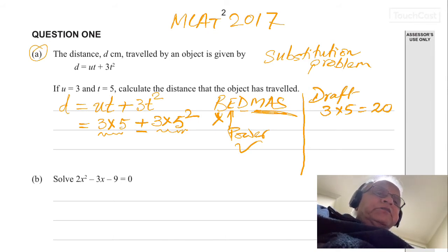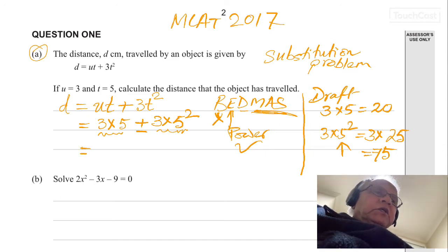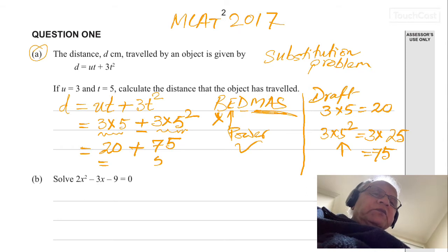And then 3 times 5 squared, so you have to do the power first, this one, the power first, and then you can do the multiplication, which gives you 75. So now you are in a position to write a more simplified problem, and 20 plus 75 gives you 95.